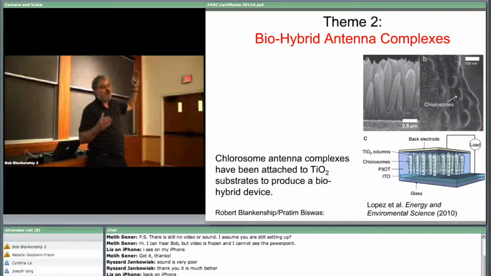So if you have a UV photon, it may absorb that, but then you lose most of that energy as heat, and you only store the same energy as a red photon. That's true in a photovoltaic cell too, that threshold energy effect. You throw away the energy difference between a high energy photon and threshold energy.